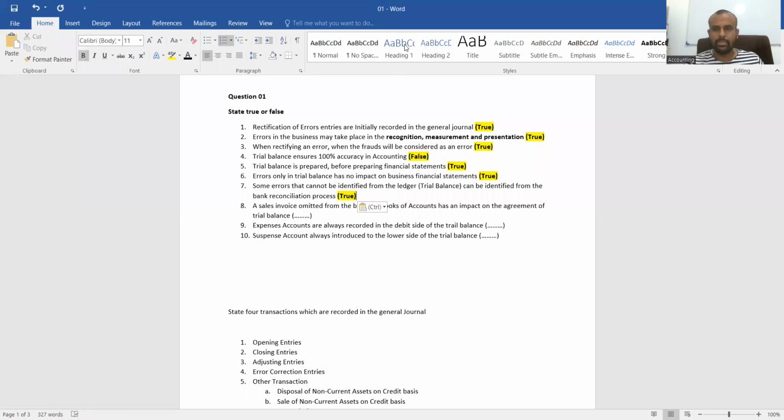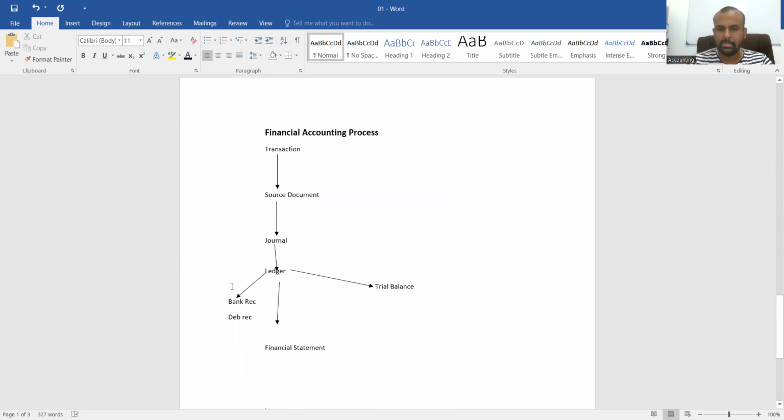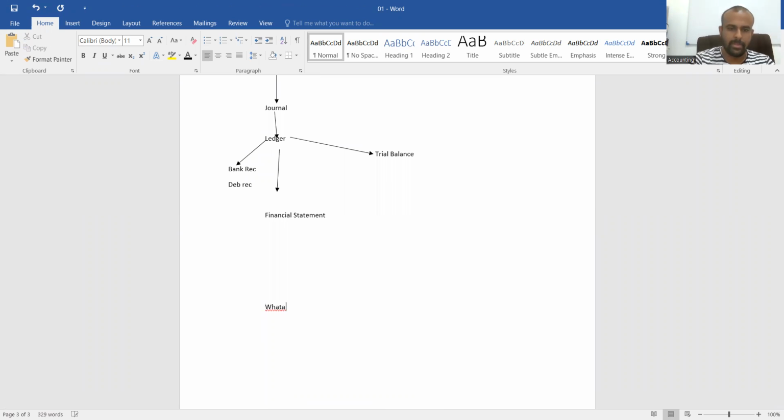What are the errors that cannot be detected from the trial balance but can be detected from the bank reconciliation process?